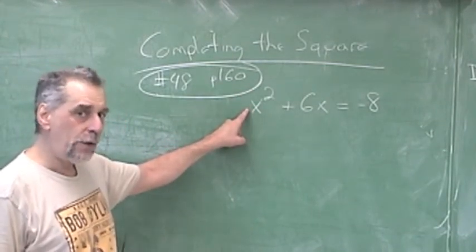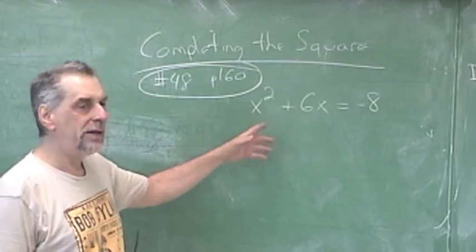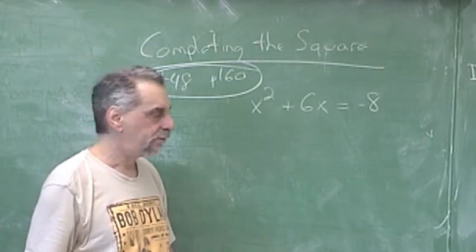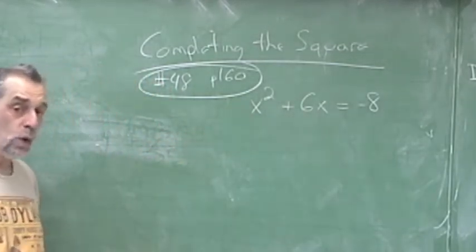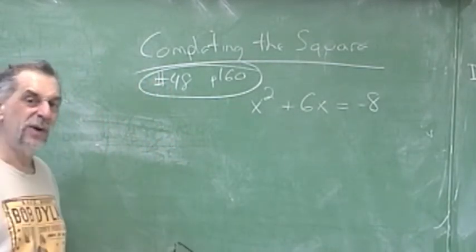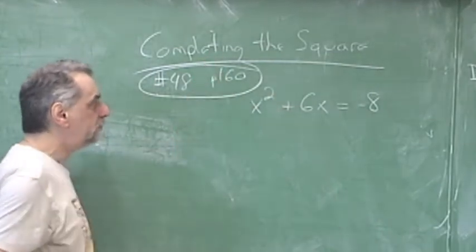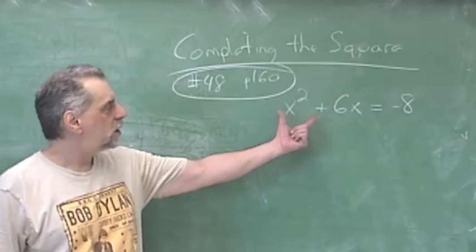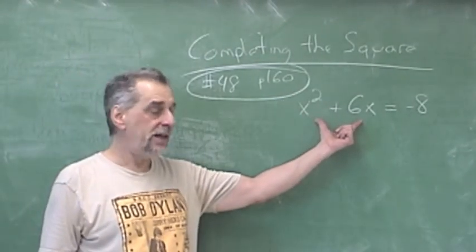If there's anything other than a 1 in front of the x squared, then you have to factor that out before you go on to complete the square. In this case, we do have a 1, so we're okay. We can start with the method of completing the square. So what we're doing, the reason it's called completing the square, is because we're going to add something to this side of the equation.